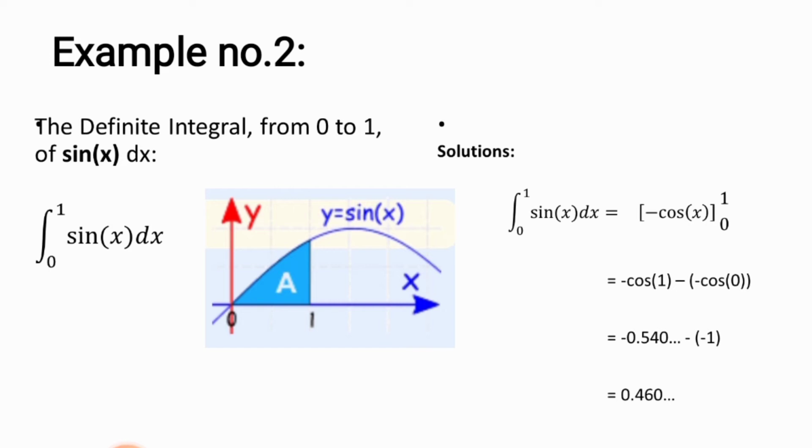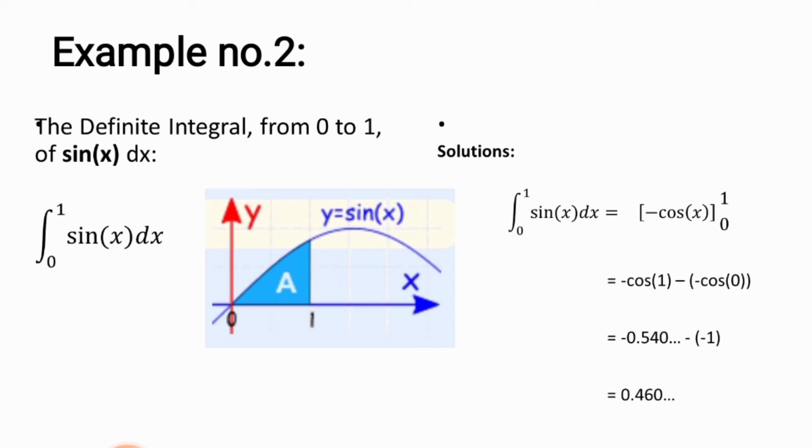We have another example to make an important point. For this example, the definite integral from 0 to 1 of sine x dx. The integral of sine x dx is equal to negative cos x plus c.